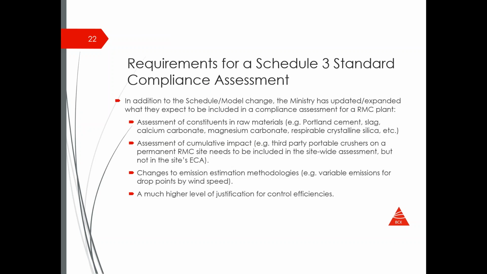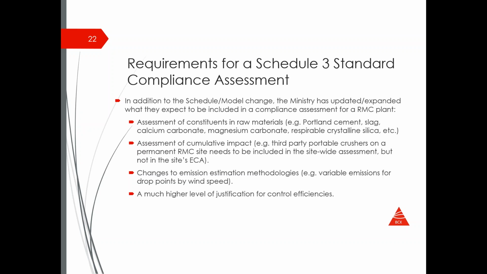Okay, so in addition to the changes we just discussed on the modeling side, on the standard side, the ministry has actually made a lot of changes on their requirements for a compliance assessment for ready mix in the last 2 years as well.